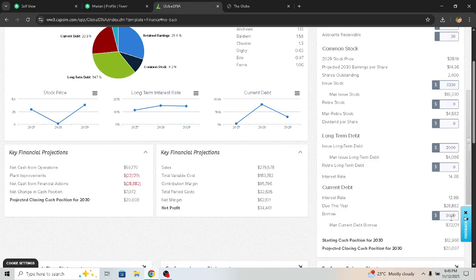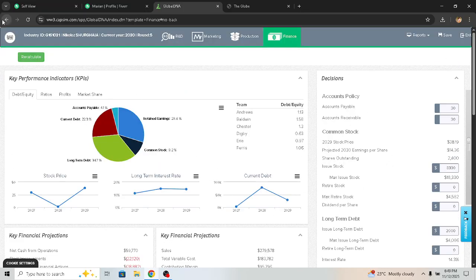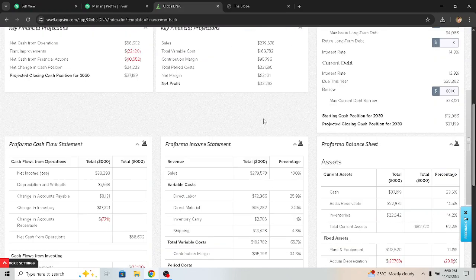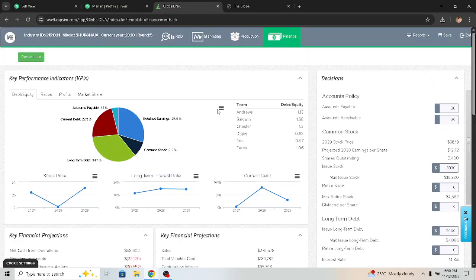Current debt is quite expensive in a way, but it can help raise some money for running our activities as a company. So with that being done, we realize that we have a projected closing cash position amounting to 37,199,000. That's good to keep us going in our next round.